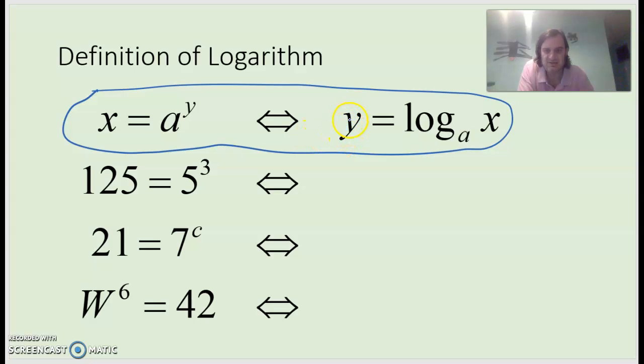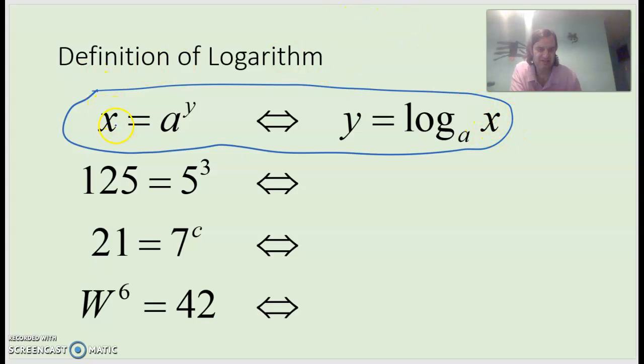But keep in mind and look at what we've got here. The y was the exponent. That's the part that gets to be by itself. Now it doesn't have to be y, but it has to be that placeholder. The exponent ends up on the side by itself. The base of the exponential is the base of the logarithm, and the result from the exponential is the input of the logarithm.